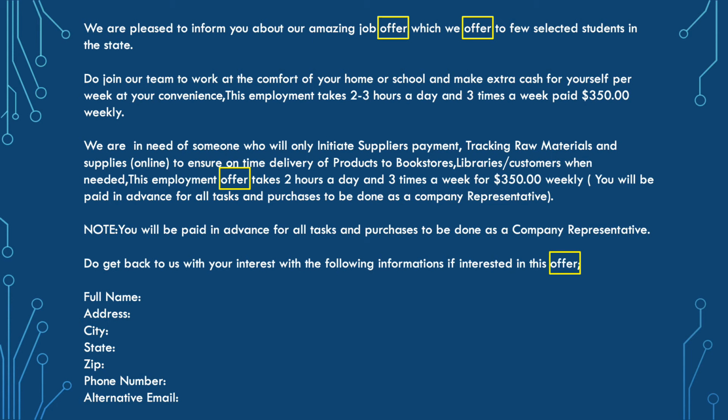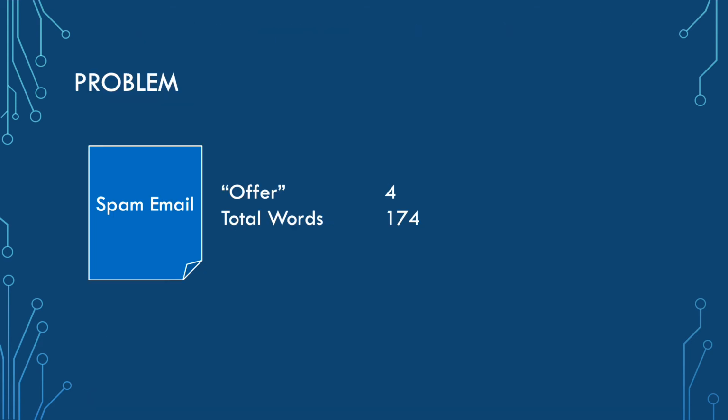And in fact, we can do it this way. As I said, we have the word offer that appears 4 times, and we have a total of 147 words. So for this particular email we can see the frequency at which the word offer appears, and in this case it's 4 divided by 174, which is equal to 0.023.